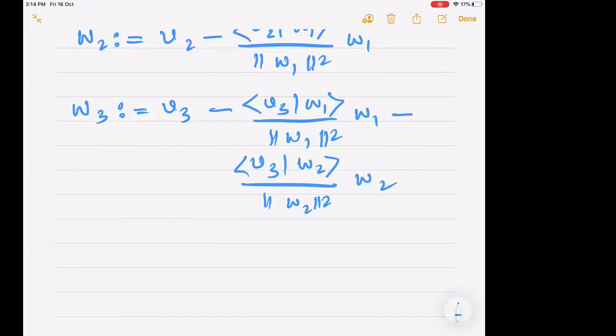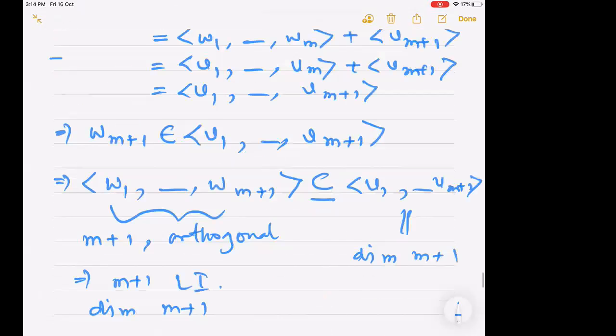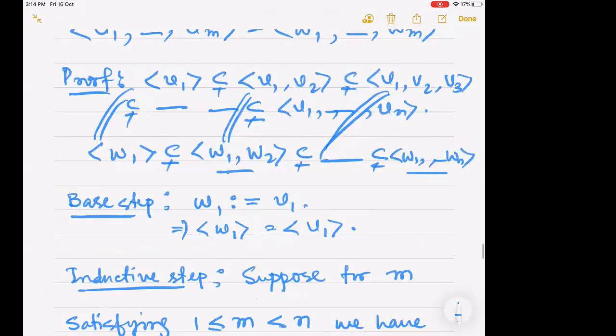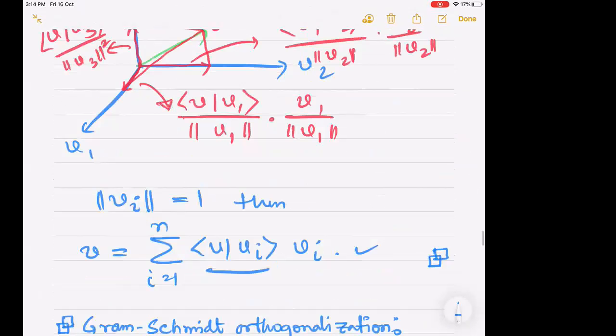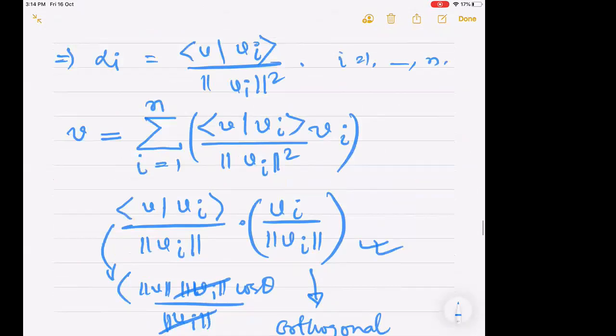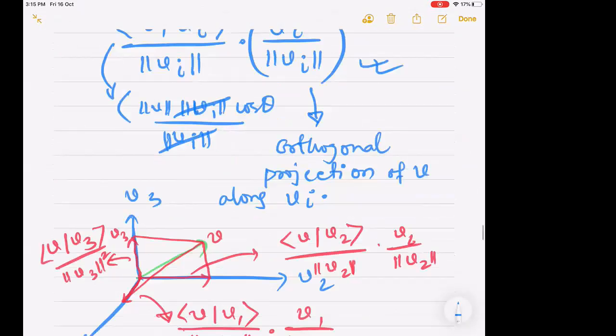This plus this gives me the projection, because this is the projection along w1, this is the projection along w2, add them up, and we get the projection like before. That is how we defined projection. Remember? Where was it? Here. Yes. This is how projection is defined.